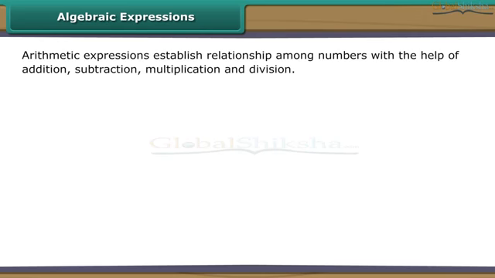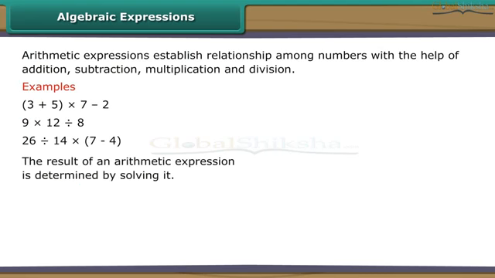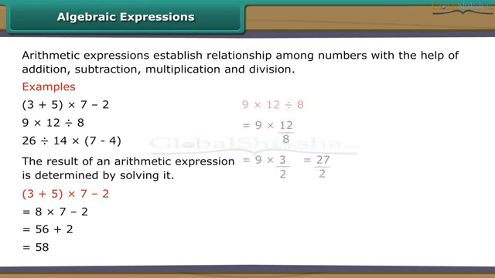Algebraic expressions. Arithmetic expressions establish a relationship among numbers with the help of addition, subtraction, multiplication, and division. Here are some arithmetic expressions. The result of an arithmetic expression is determined by solving it. Let us solve each of these arithmetic expressions.